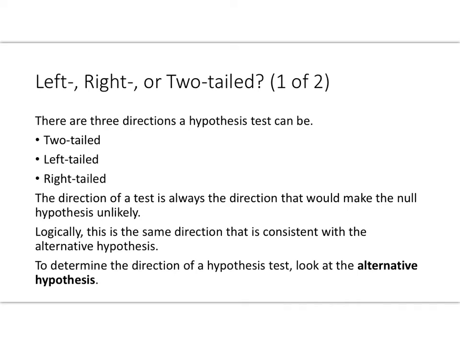There are three directions of hypothesis test: two-tailed, left-tailed, and right-tailed. The direction of the test is always the direction that would make the null hypothesis unlikely. So that is the same direction that is consistent with the alternative hypothesis. To determine the direction of the hypothesis test, look at your alternative hypothesis.